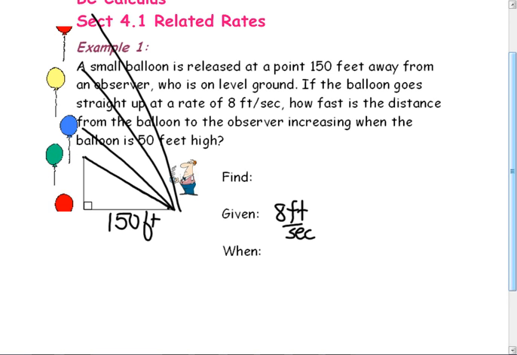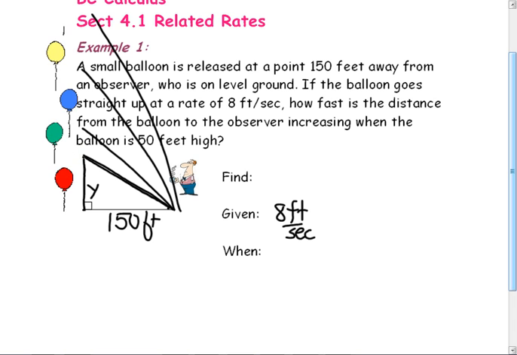What would you like to call this distance here? Because it's changing. What letter? Y. Okay. Then what do you want to call the hypotenuse? Oh, I don't like X. How about R? Doesn't matter. Okay, what do I want to find? How fast is the distance changing? So the change in what?